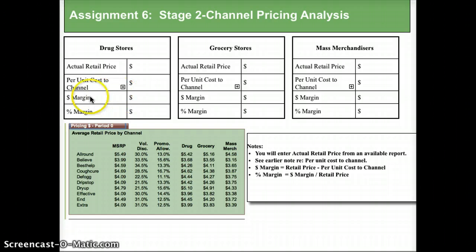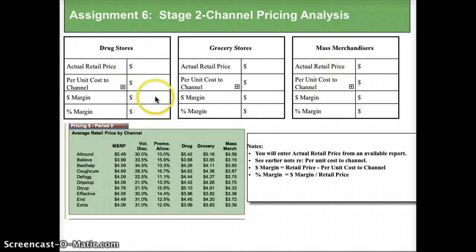To calculate the dollar margin for each of these channels, take your actual retail price and subtract from that the per unit cost to that particular channel, and that will give you the dollar margin here. You're going to notice that the per unit cost to channel for all-round in each of these channels is the same. The retail price will vary, okay? And that's one of the things we want to look at.